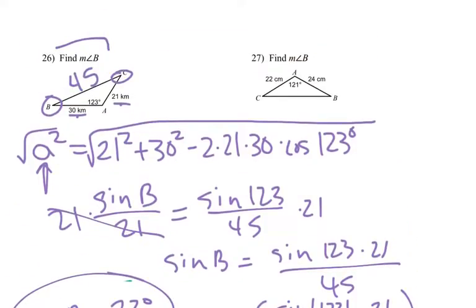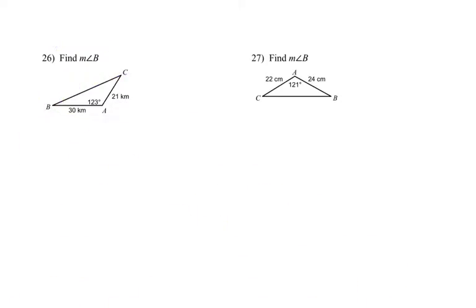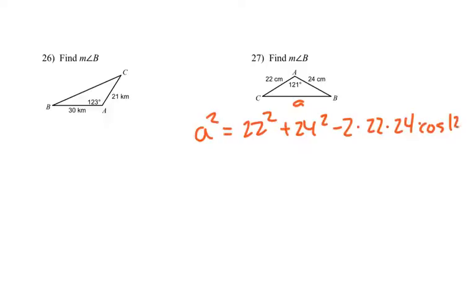Okay, 27 is going to be the same way. So I'd go this side little a squared equals 22 squared plus 24 squared minus 2 times 22 times 24 times the cosine of 121 degrees. Then once again I take the square root of that. I just type it into my calculator to make life much easier for me.